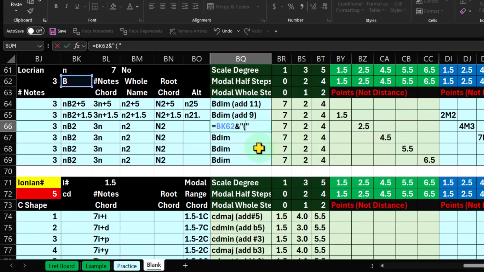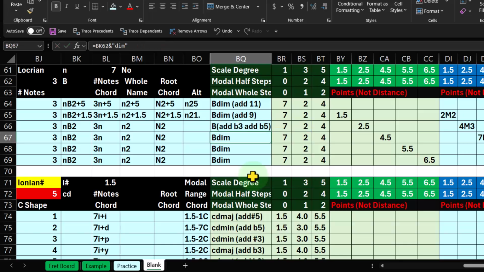It's fun to do sometimes, but I'd rather say, so you might call it something like just a B, add B3, add B5, meaning I'm just going to remove the major and minor and just call it a B with a flat 3 and a flat 5. That's what I came up with before, but where's the major?